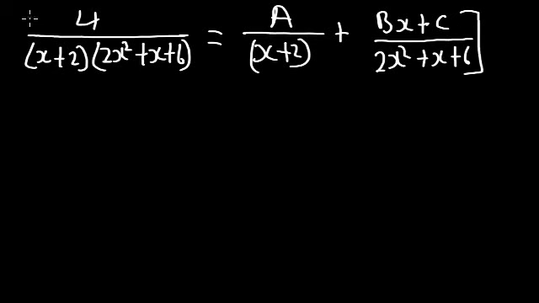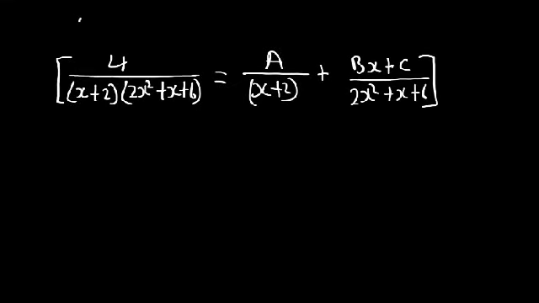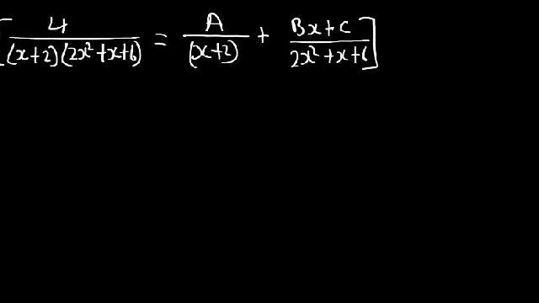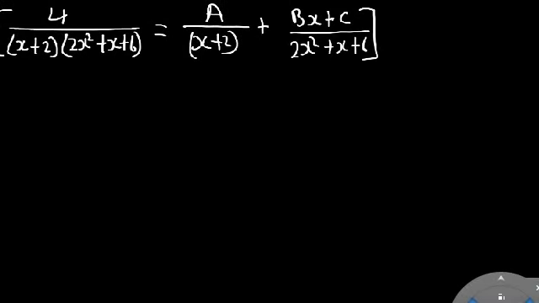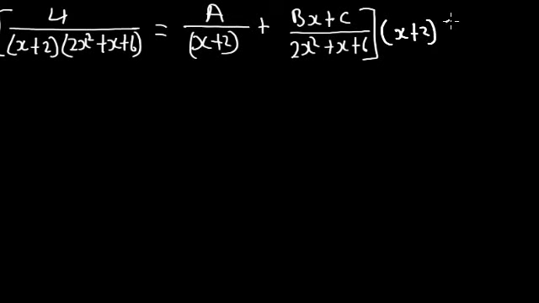Perfect. Now our main goal is to multiply both sides by the whole denominator of the given expression. So here it is. I'm having x plus 2 times 2x squared plus x plus 6. For the red color, the whole term cancels out and what's left over is simply 4.